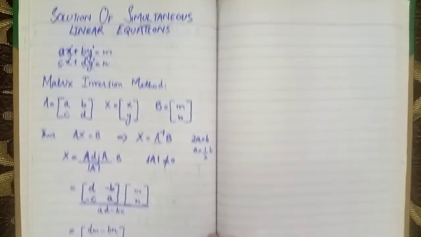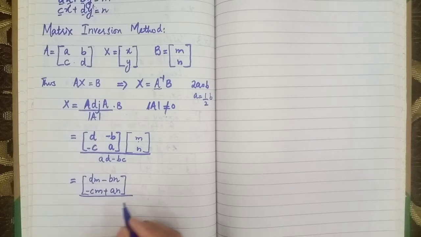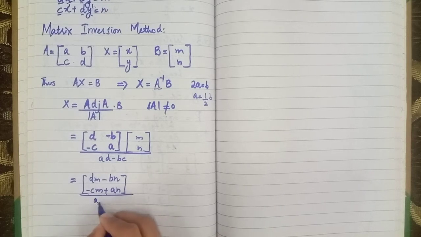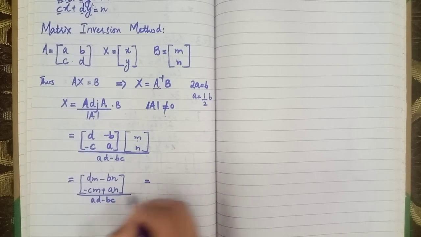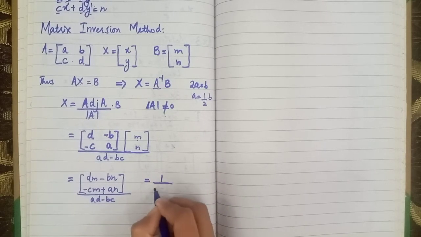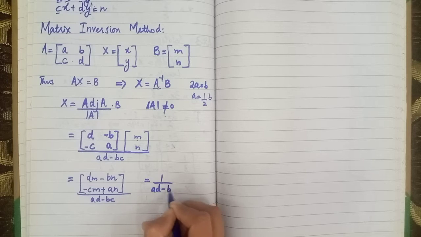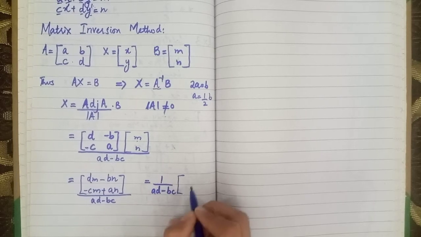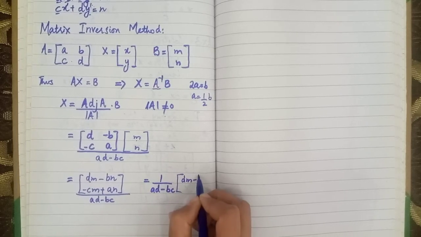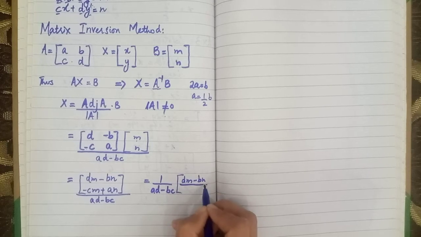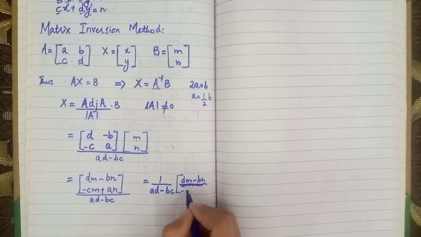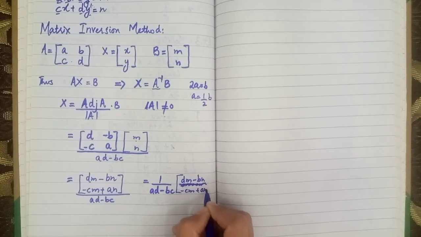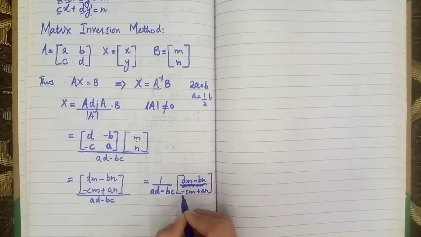The whole is going to be divided by ad minus bc. It can also be written as 1 by ad minus bc. Sorry, it's not going to be divided. These are two different entries.